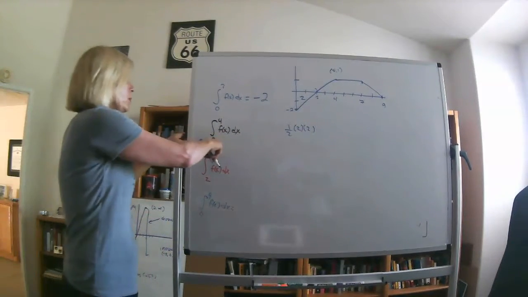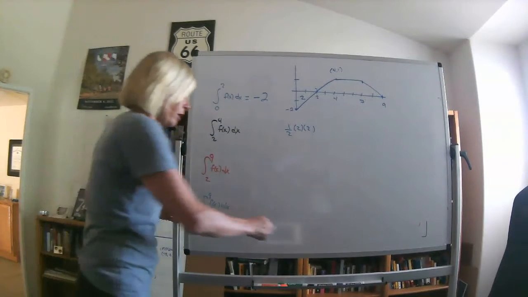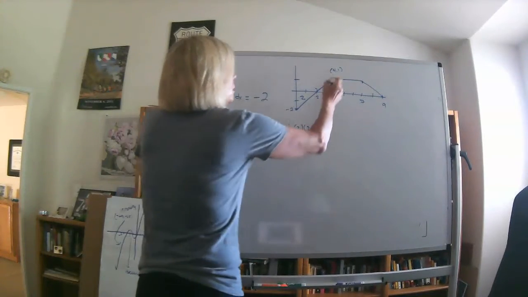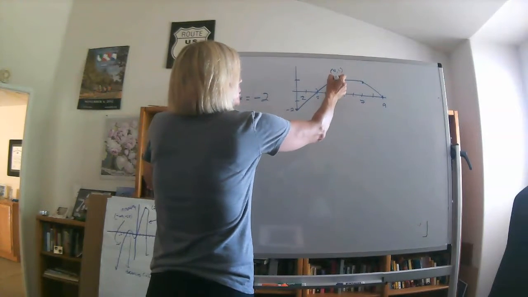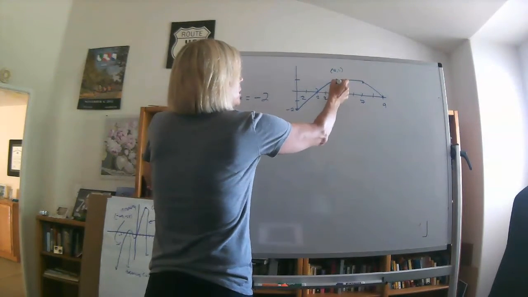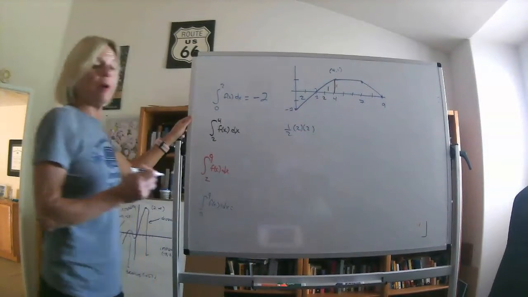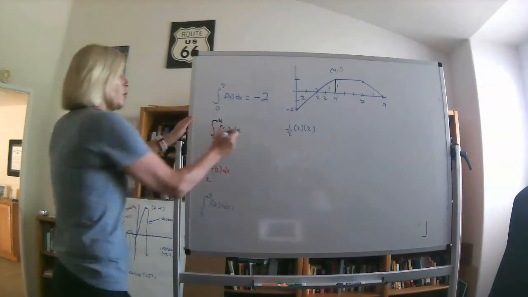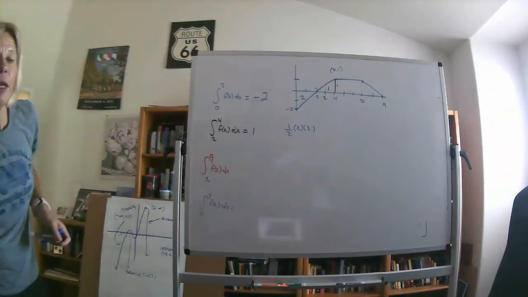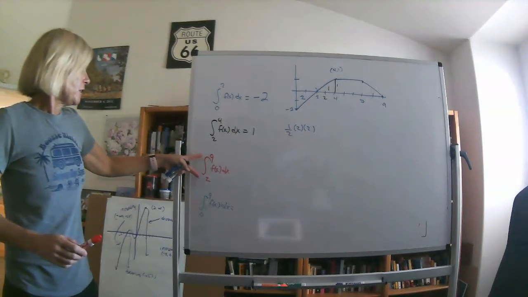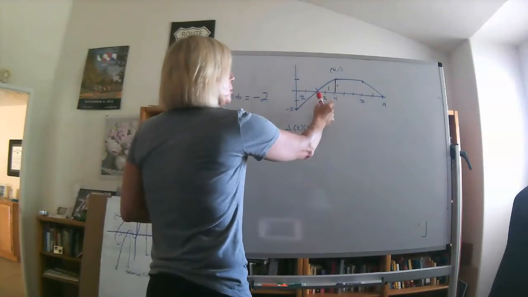Now the next integral is from 2 to 4 of f of x dx. My height here is 1, so I have base times 1, another triangle, divided by 2. That's above the x-axis, so that definite integral is 1. Next, I look at the integral from 2 to 9. I've got from 2 to 4.